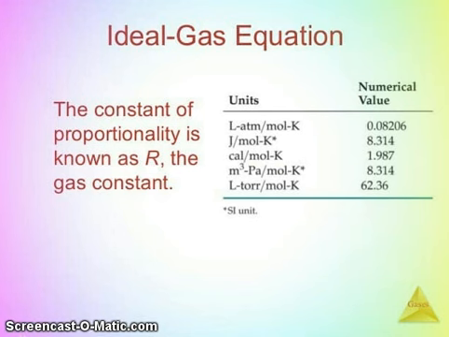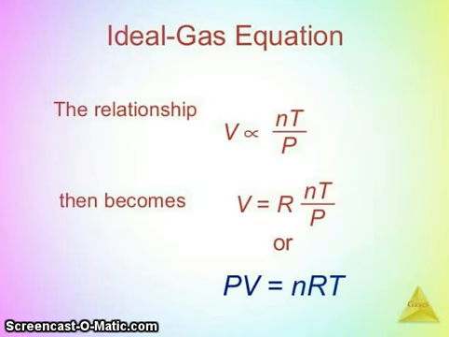So these are the units of R. The relationship V directly proportional to nT by P then becomes V is equal to R nT by P, then PV is equal to nRT.